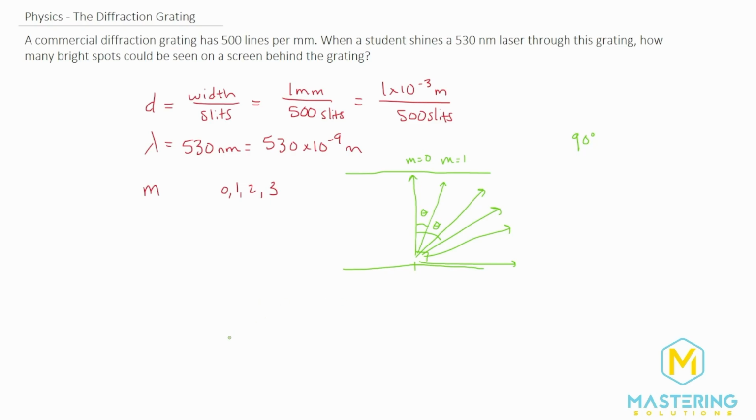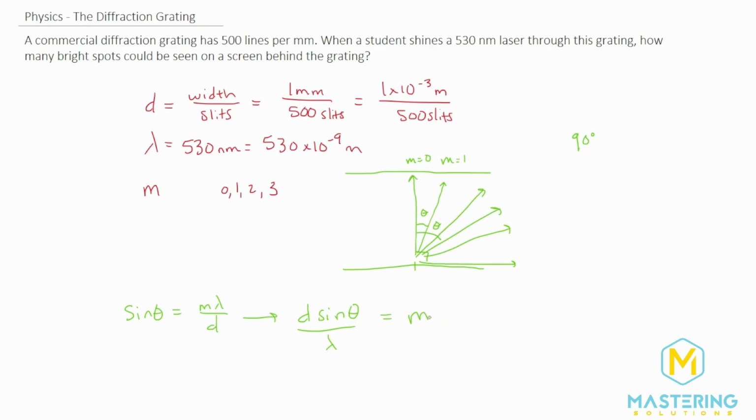The equation that we'll be using is sine of the angle equals m lambda over d. We're trying to solve for m, so we multiply both sides by d and divide by lambda, which gives m.